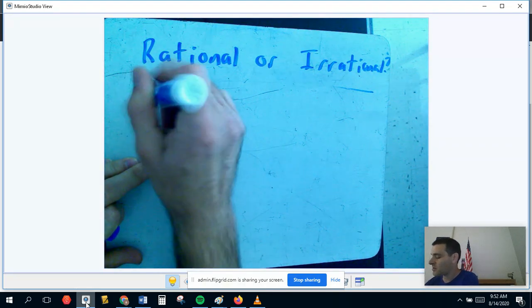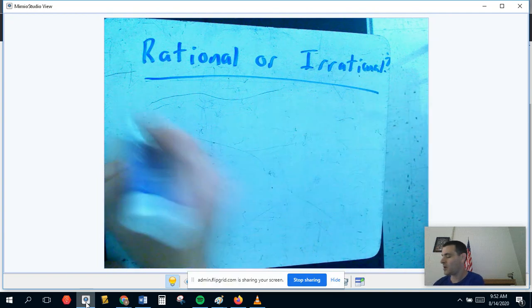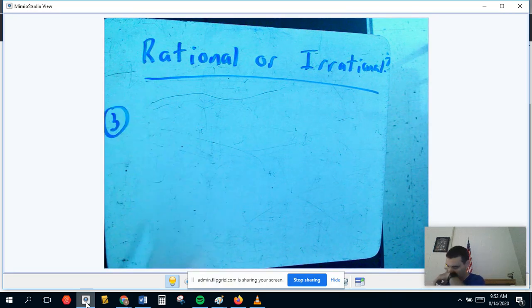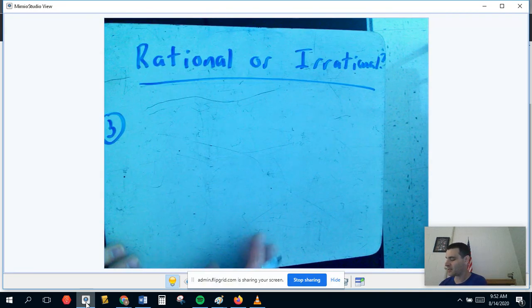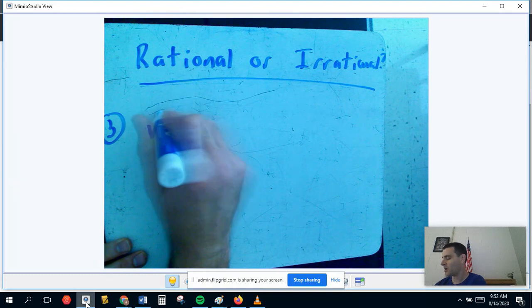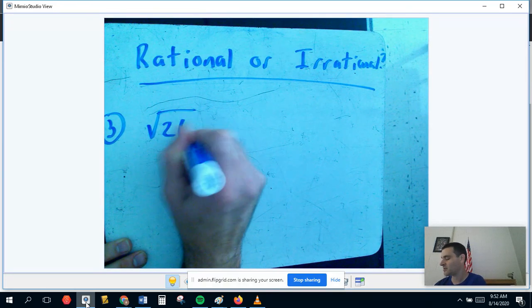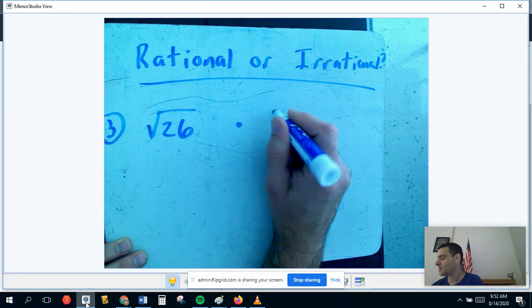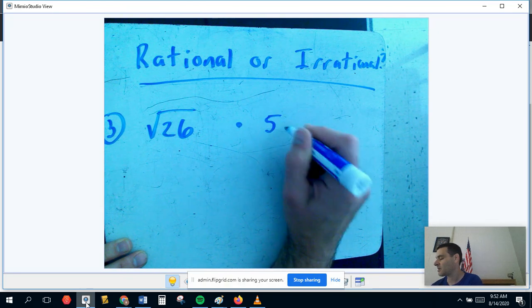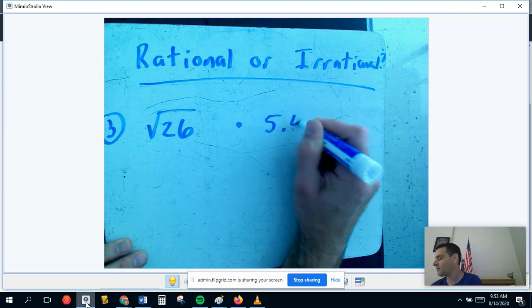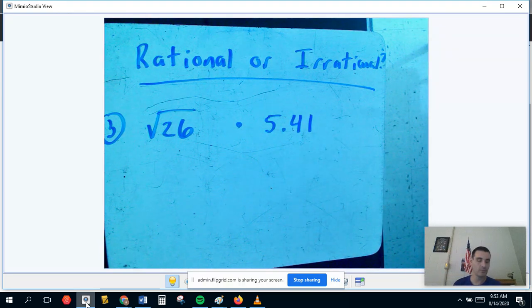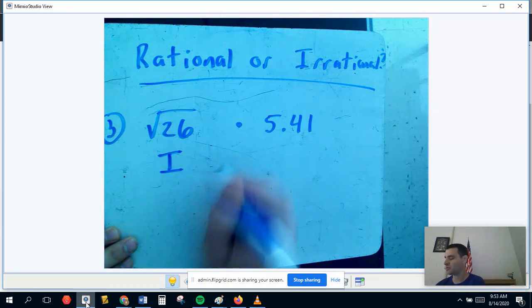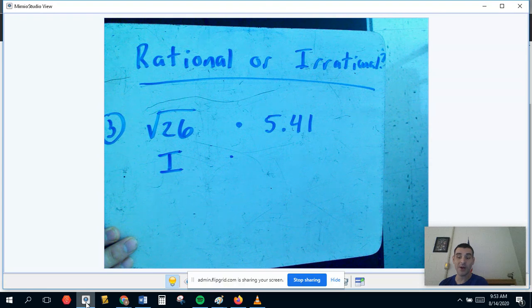What if we do something like the square root of 26 times 5.41? Well, the square root of 26, you can't take that square root without a decimal. That's irrational. 5.41, it terminates.